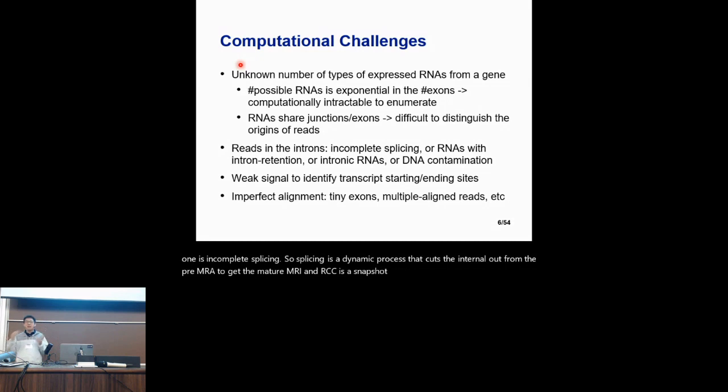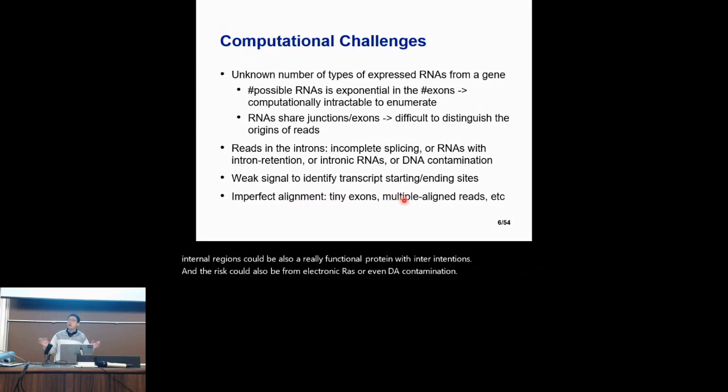So it could be that in the middle of the splicing, a partially spliced RNA was captured and sequenced. Those reads from the intron regions could also come from a functional protein with intron retention. And the reads could also be from intronic RNAs or even DNA contamination.